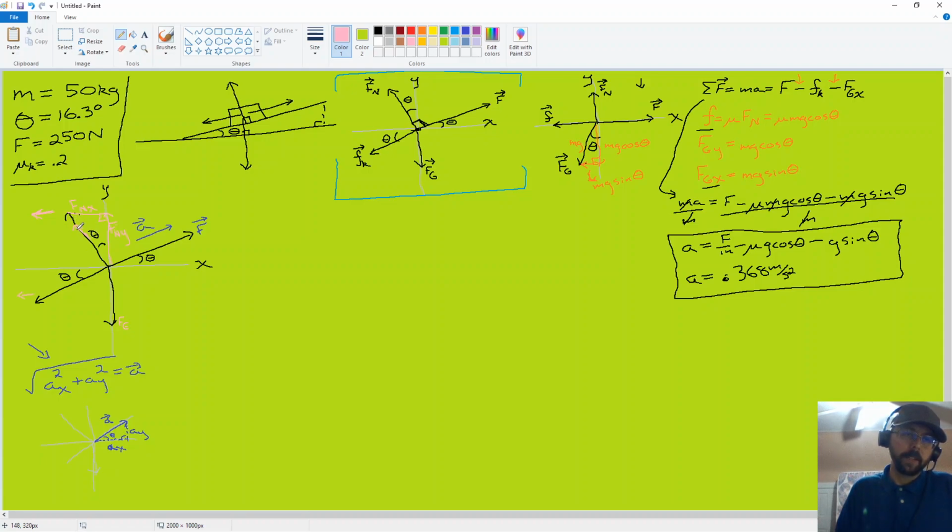But you'd have to calculate that based off of, because this force equals this force, and you use that to calculate this force. So then you can use that to calculate the magnitude of the frictional force right here. And then once you calculate the magnitude of the frictional force, then you could calculate the x and y components.